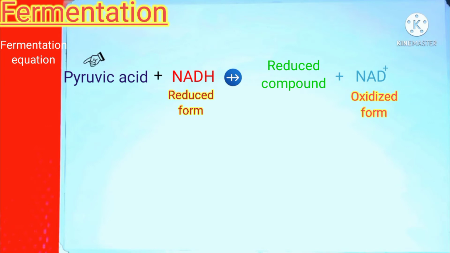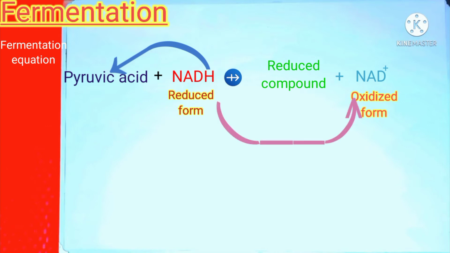Because when this pyruvic acid takes a hydrogen atom from the reduced NADH, it is converted to the reduced compound. And by donating this hydrogen atom, the NADH molecule is converted to its oxidized form NAD, that is present here, and it is the oxidized form.